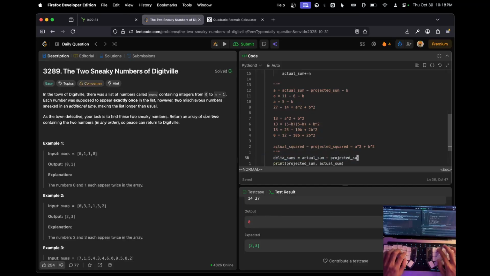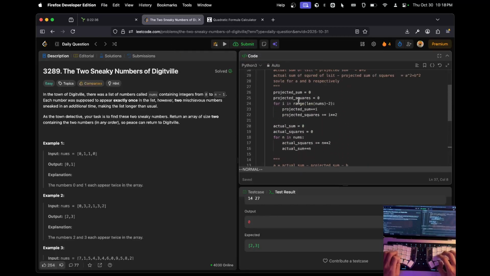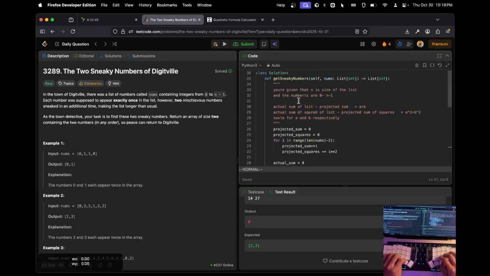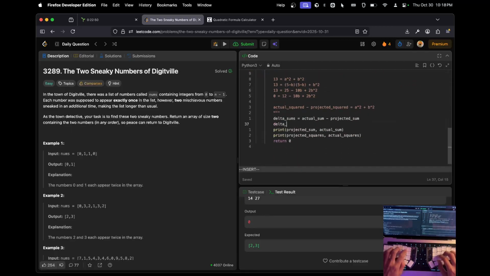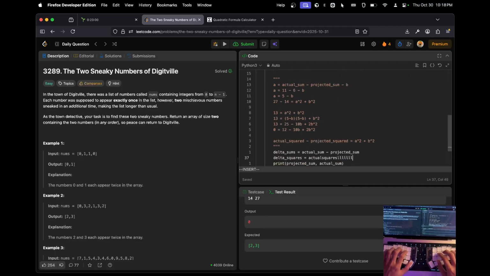And then you're also going to need the difference between your squares, which is going to be the actual, what did I name this? Squares minus your projected squares.